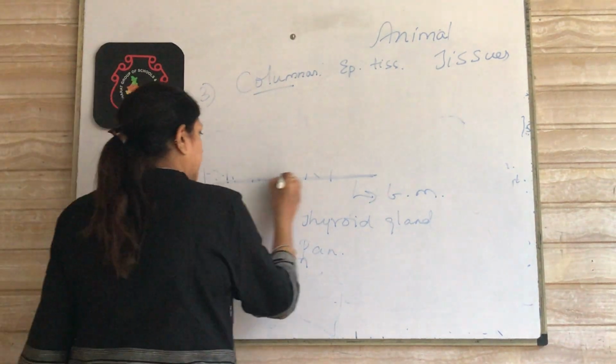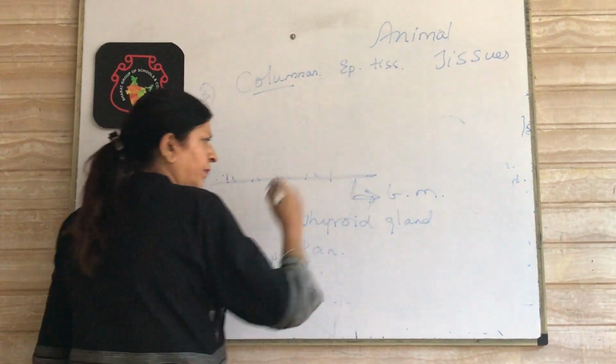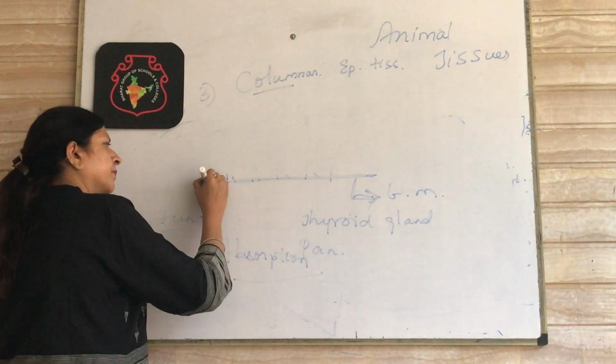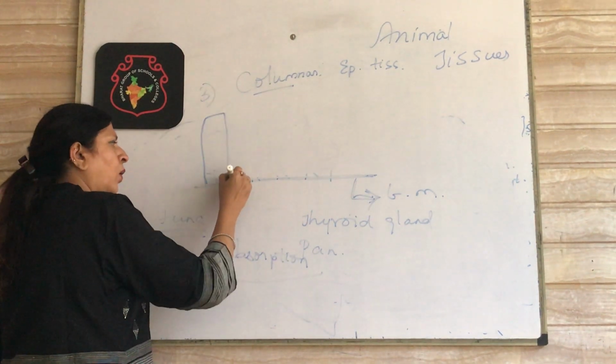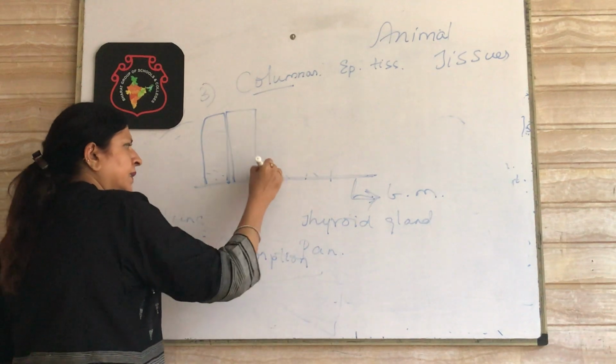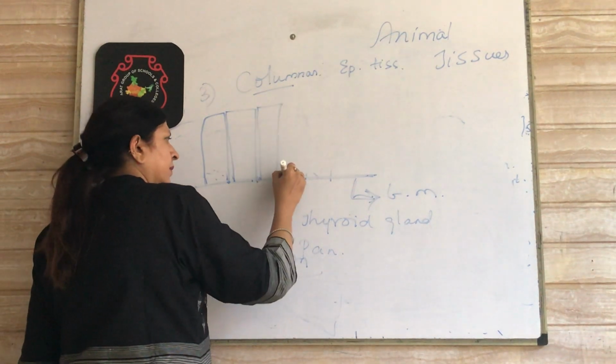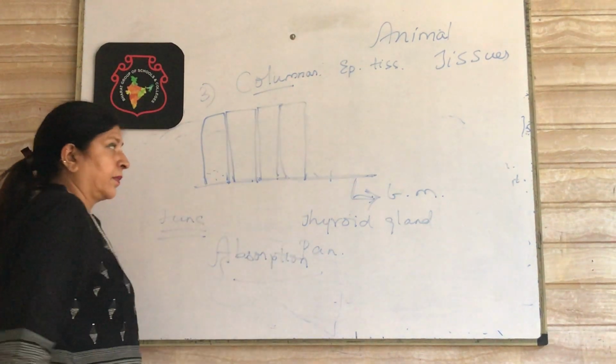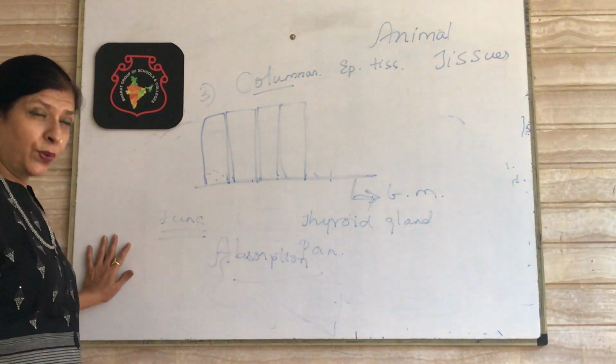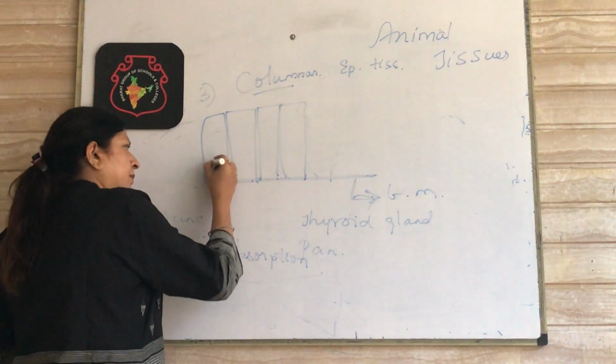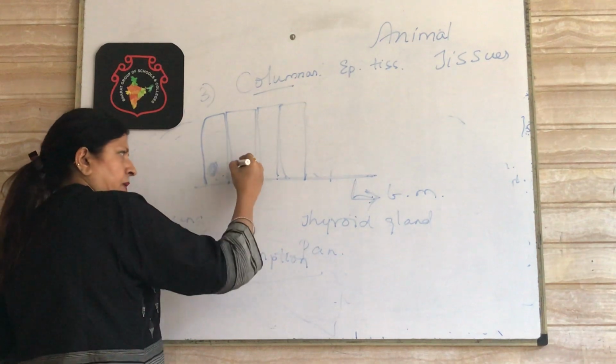One thing, they have the basement membrane. They have column shaped cells like these. They have a nucleus, but more towards the base.